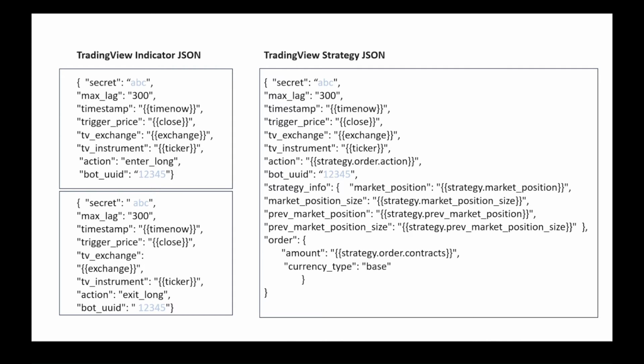The strategy would just tell this in a variable, in this action variable, whether we open long or short. And what's good is that I think it would also remember your position size, your previous position.